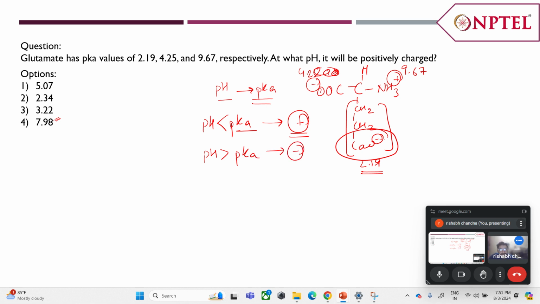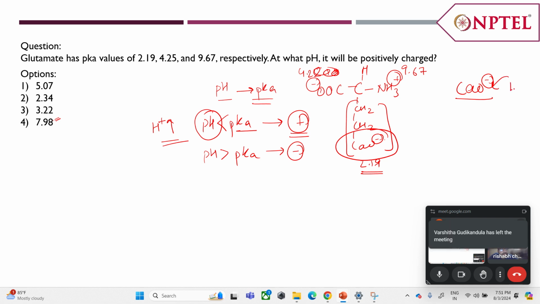How? As you know, if pH is less, that means hydrogen ion concentration is more. So if there is a COO negative group, then that would attract H plus ions and form COOH. So the negative charge on the carboxylic acid group is gone.